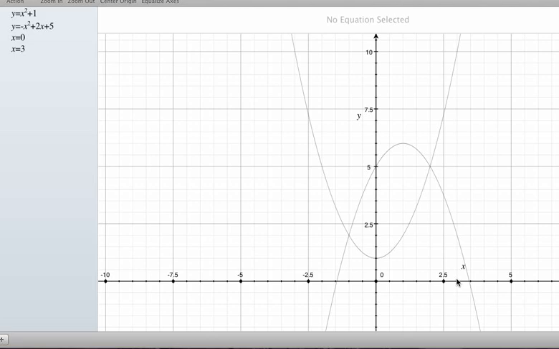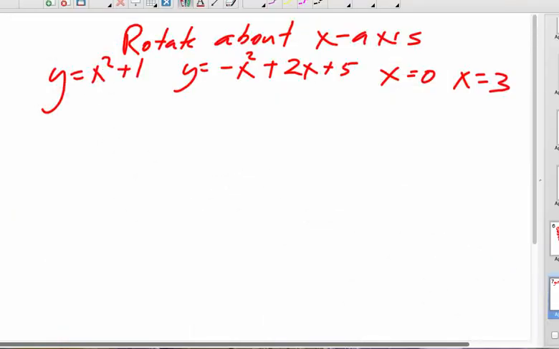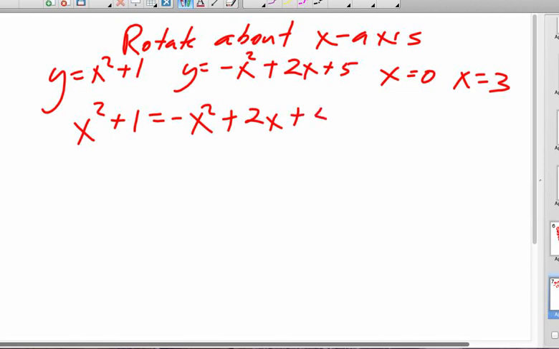We've got to find our points of intersection on these guys. So we set them equal to each other. So I've got x squared plus 1 equals negative x squared plus 2x plus 5. I'm going to move these over. I end up with 2x squared minus 2x minus 4 equals 0.